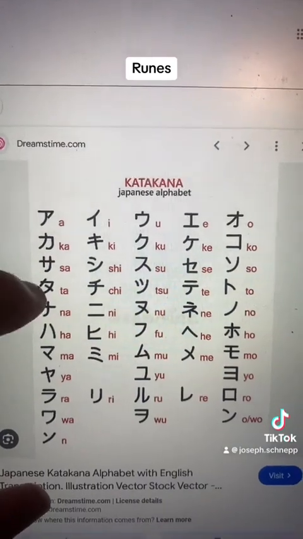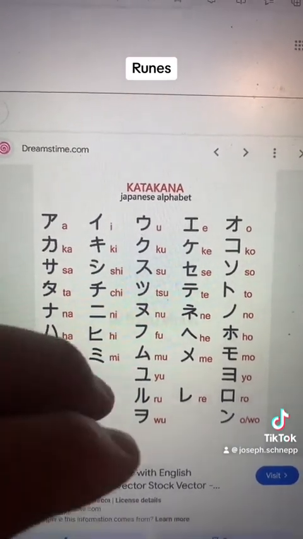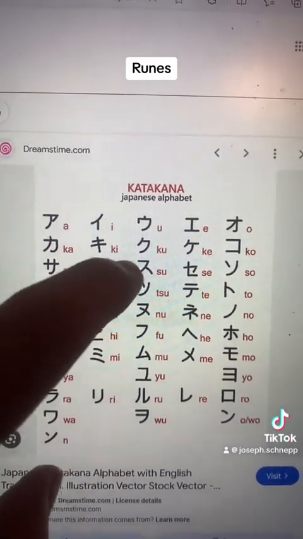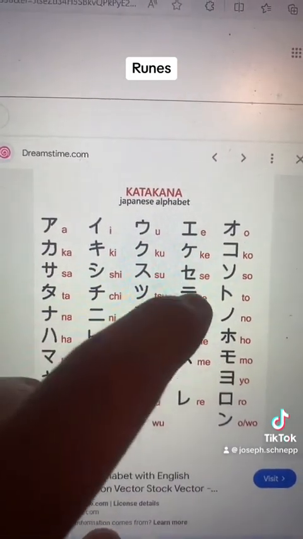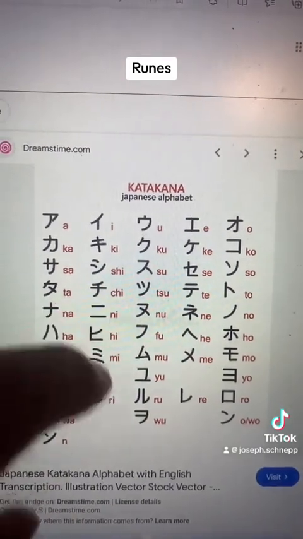It was the easiest, and it's like the teenage form of their writing. You can see each of these make a different sound, and so my name would be Joseph, and then they don't have an f sound, so it'd go poo or po, Joseph. You're kind of doing the same thing for Viking language if it was your name and writing runes.